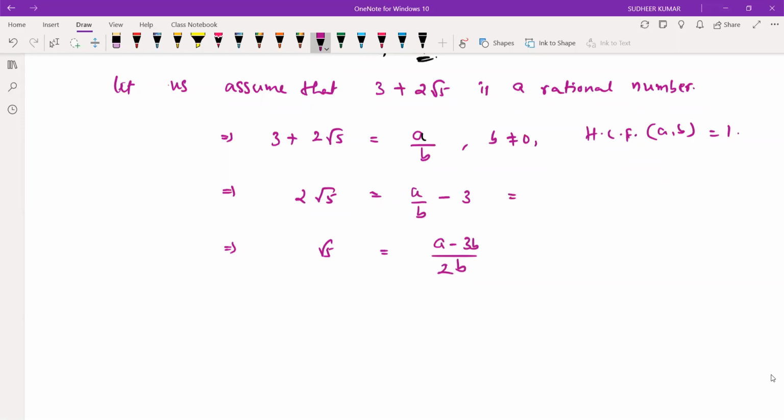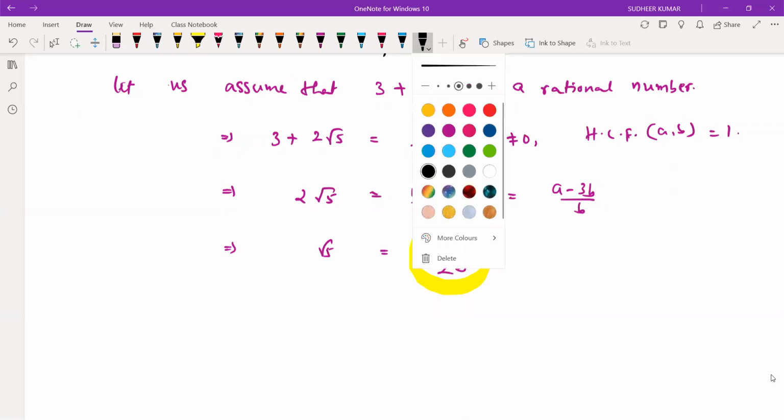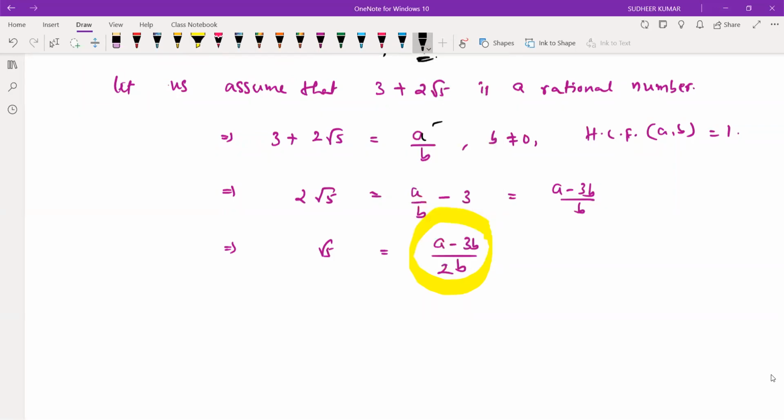Clear, ma? LCM. That's it. So if you see the right side part, is it rational or not? As a, b are integers, as per the definition of rational number, the numerator and denominator also consist of integers, so that it is a rational number.